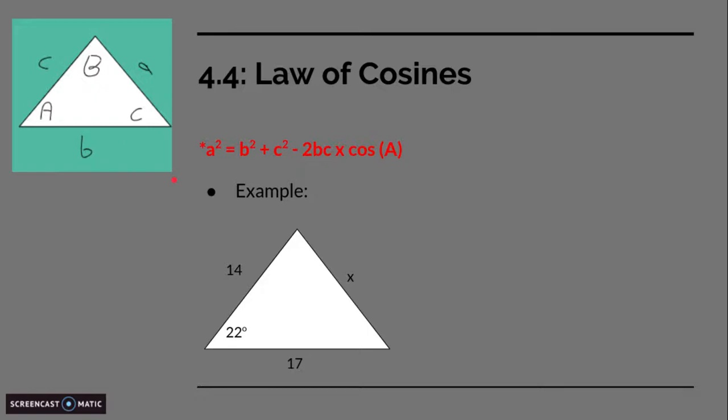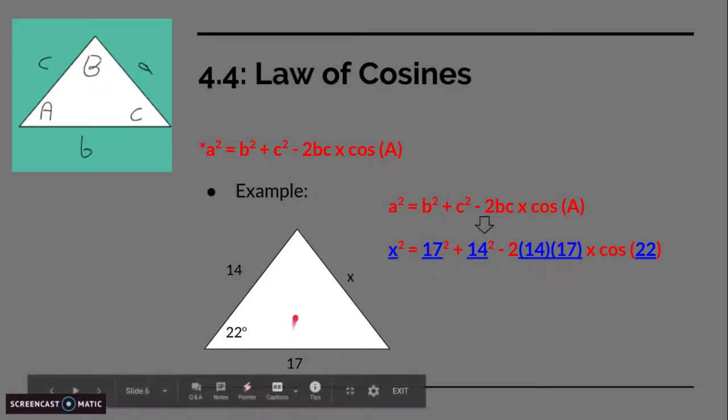So we can just plug in what we know. We plug in, for a, you put in x, and for b is 17. We can see b, we put it down there, c is 14, and the blue is what we plugged in.